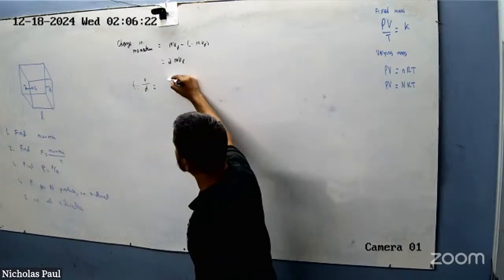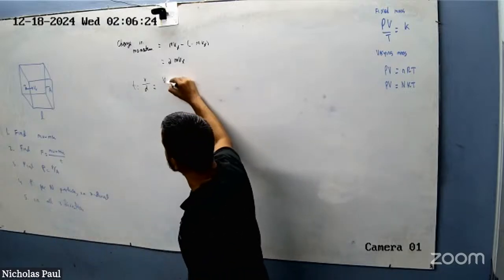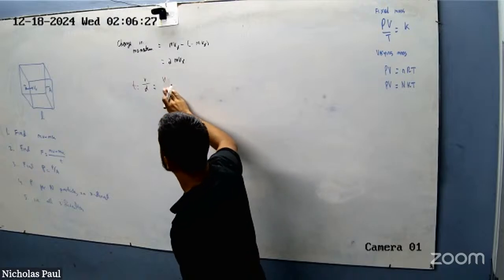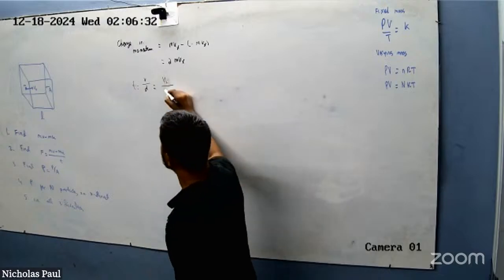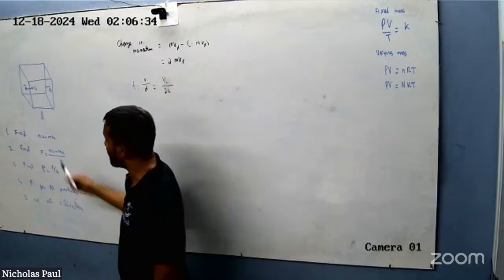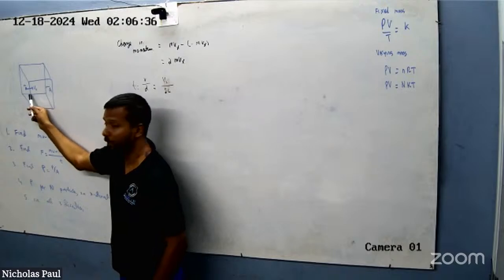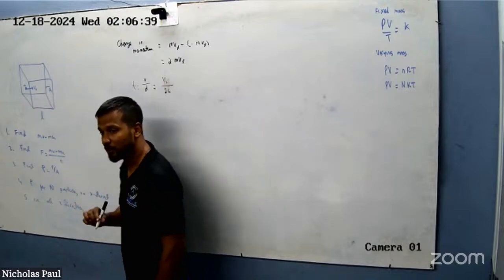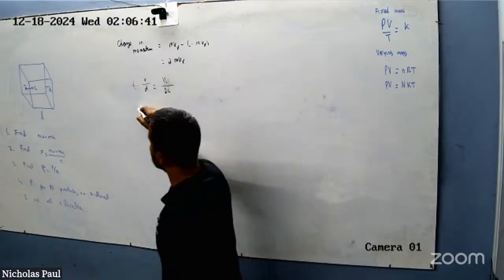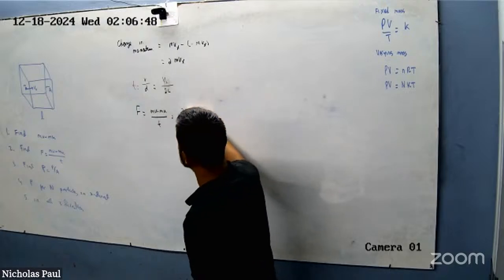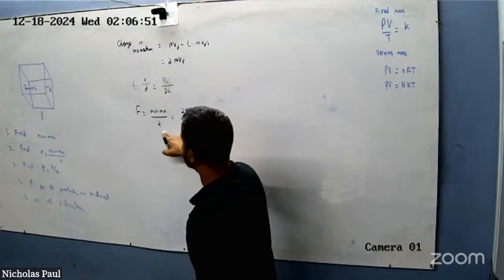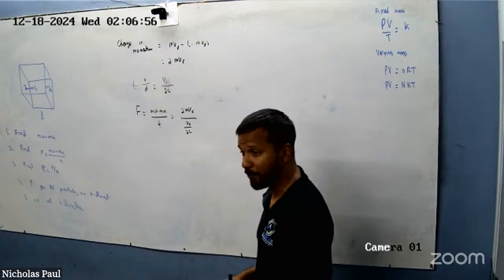And how long did it travel between collisions? 2L. It started here, hit the wall before it collided again, and traveled 2L. So now the force is equal to change in momentum over time. The change in momentum is 2mvx all over time. Time is 2L on vx. Okay?